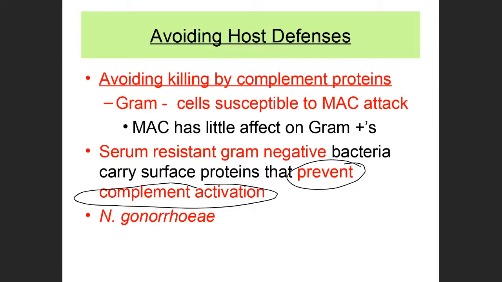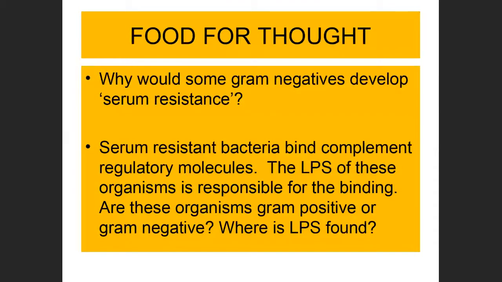We call this type of bacteria serum-resistant bacteria, serum-resistant gram-negatives. They capture the complement proteins that are inactive and prevent them from becoming activated. With that, they're protected from complement attacks, from opsonization and membrane attack complexes. Neisseria gonorrhoeae can do that. It's oftentimes a serum-resistant organism.